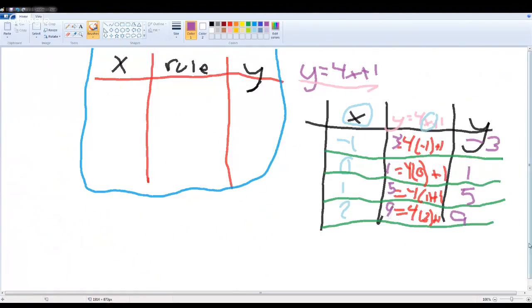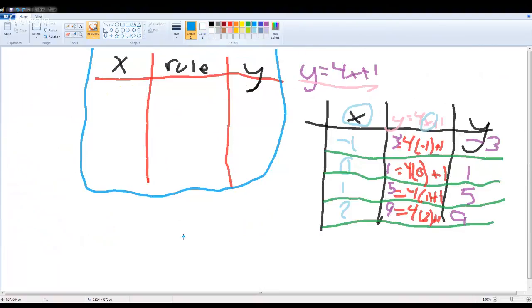What you would do next is, if you had multiple choice, it would be like A, negative 2 and negative 3. That would be wrong because this is negative 1. So to help you out, I would go ahead and name all of the ordered pairs.